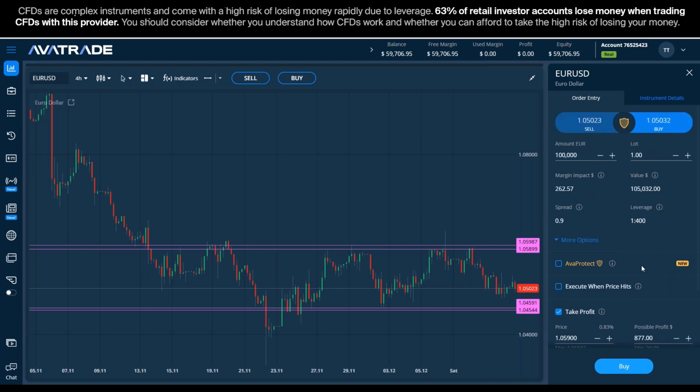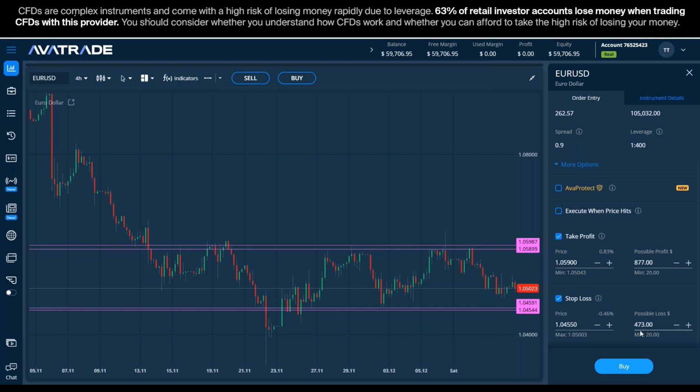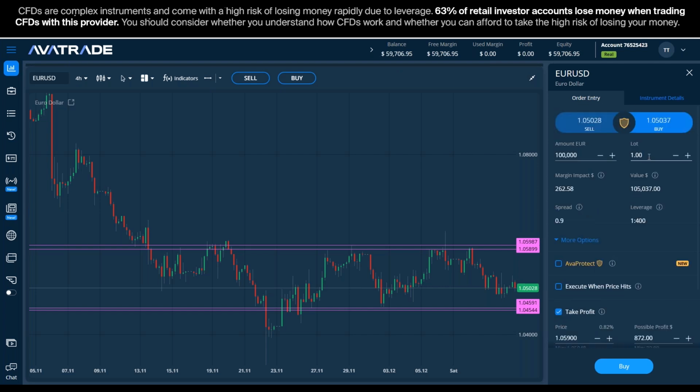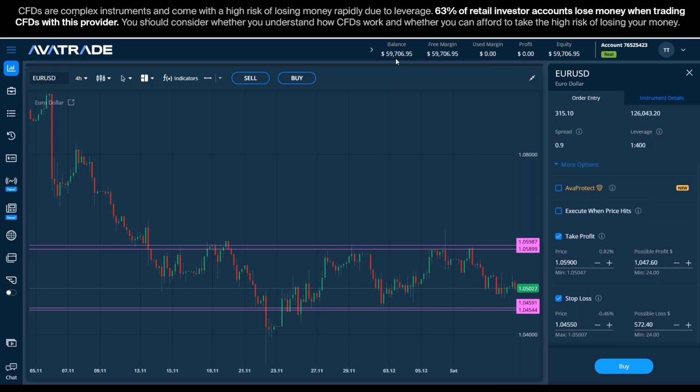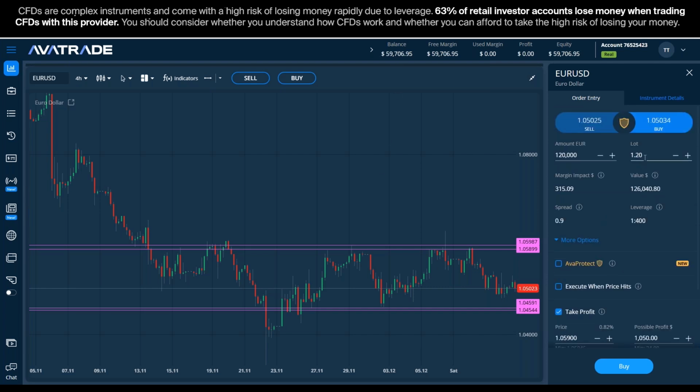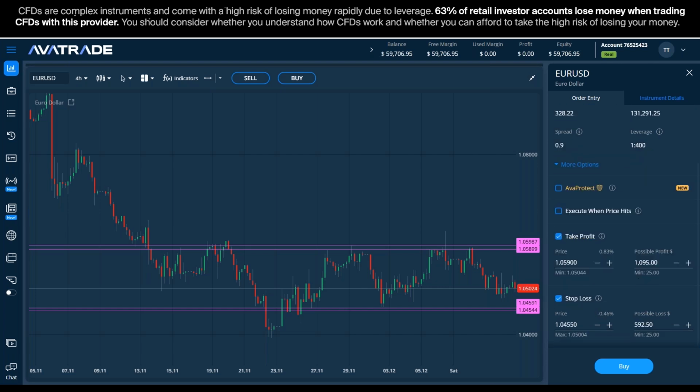If I do one lot, I'm risking below 500, which is less than 1% of my account, to try and make over 800. Maybe I can go a little larger if I want to risk, say, 1% of my account. 1.2 gets me to about 1%, a little less. 1.25, 1 1/4 lots, risks about 1% of my account.